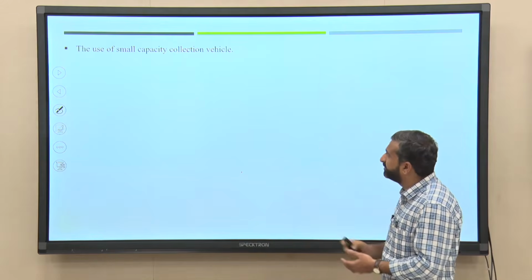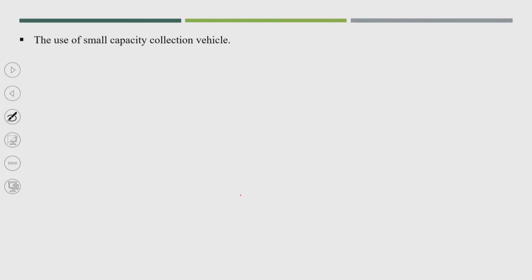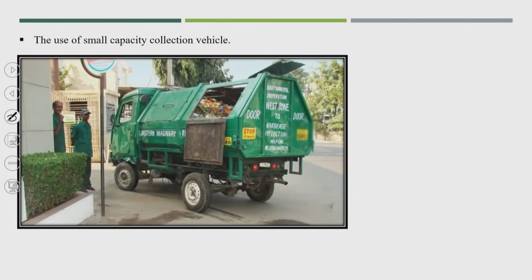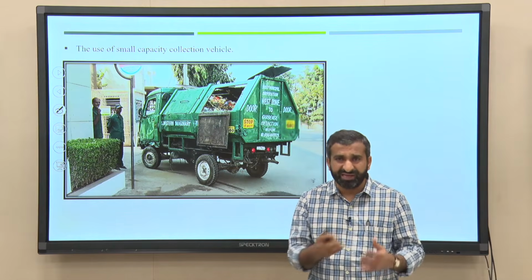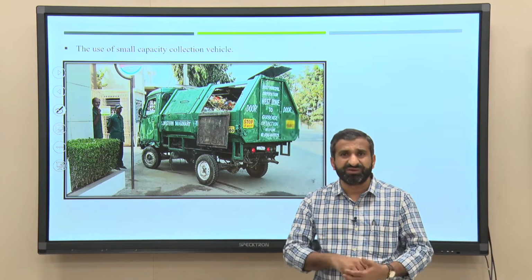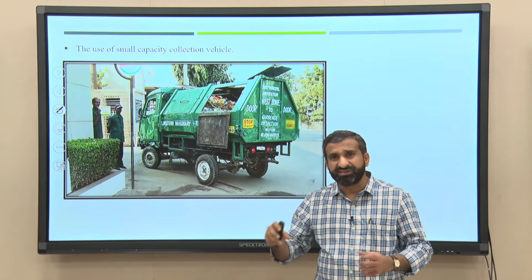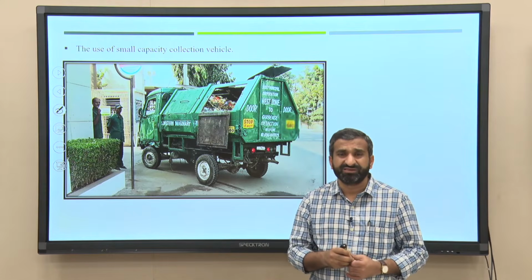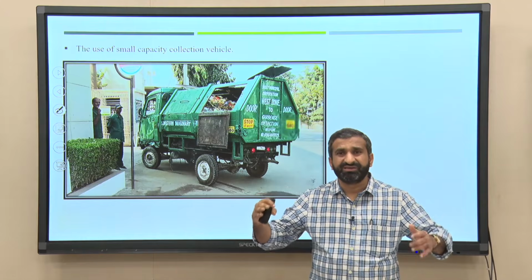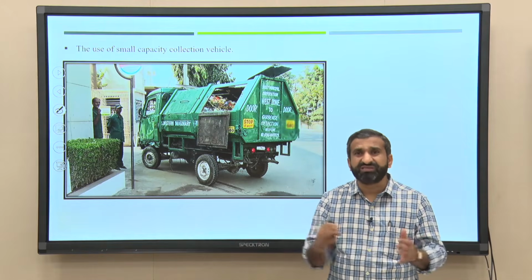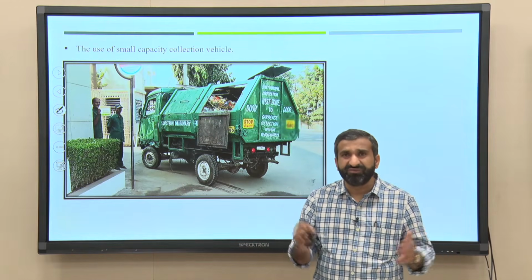Another factor is that it is possible to use small collection vehicles. If transfer stations are available very close by, why use very big vehicles? In most cities now, under the Swachh Bharat Mission, compactor vehicles have been started, hauling around 7 tons, 8 tons or 10 tons of waste in the same vehicle.